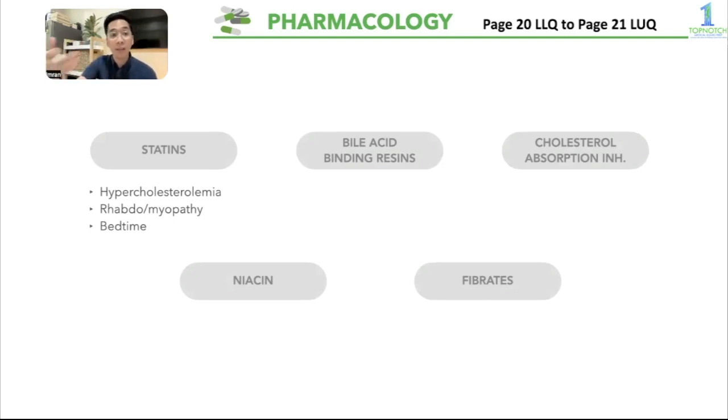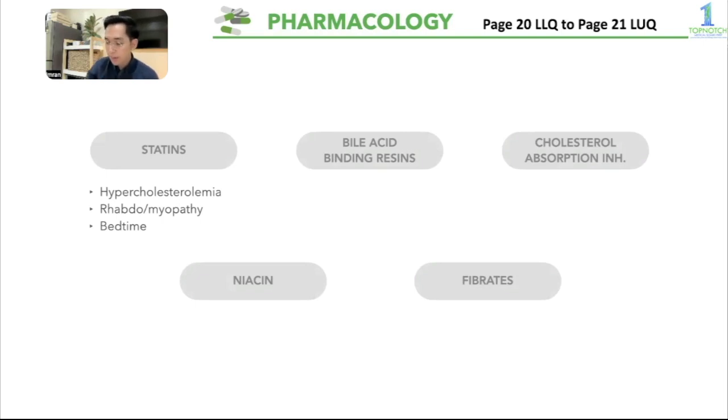Why? Because at night the body produces its natural cholesterol. Examples of statins are atorvastatin, rosuvastatin, and simvastatin. Examples of high-intensity statins are Ator 40, 80, and rosuvastatin 20, 40. Those are used for patients with a previous stroke, for example, to prevent further recurrence of that event.